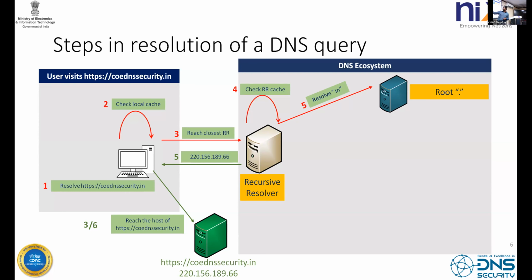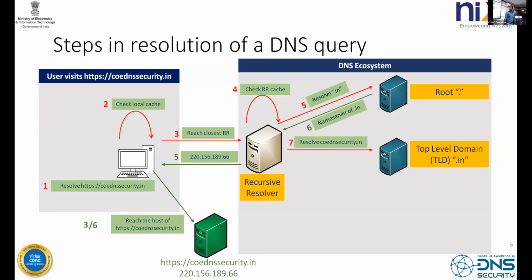It is a server which provides the location of some resource. So the first query from the recursive resolver to the root server asks where exactly the .in name server is, and it will return the name server of .in, some IP address. Further, the recursive resolver will contact the .in name server and ask where exactly it can find codnsecurity.in.